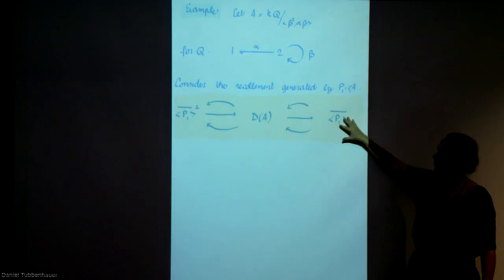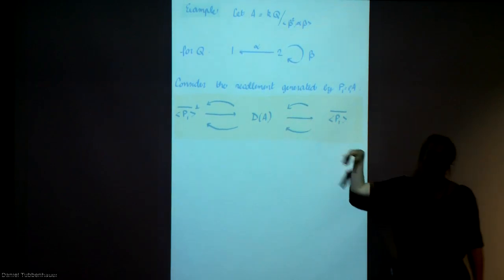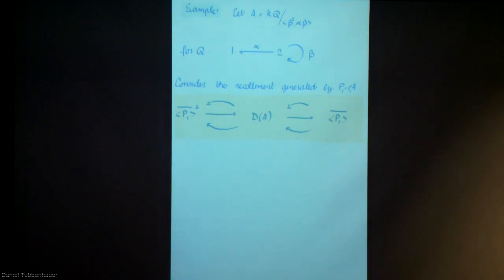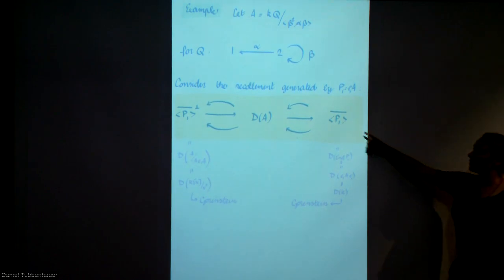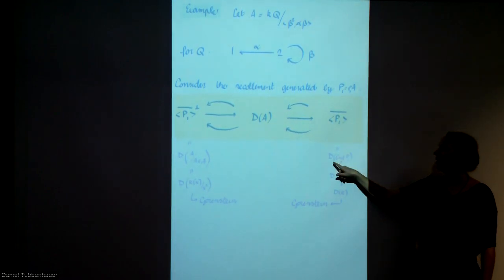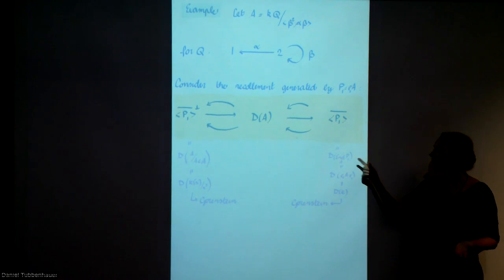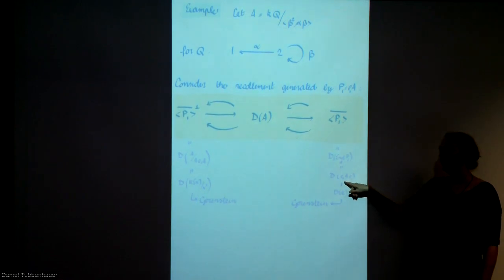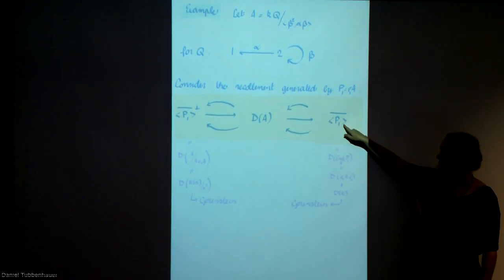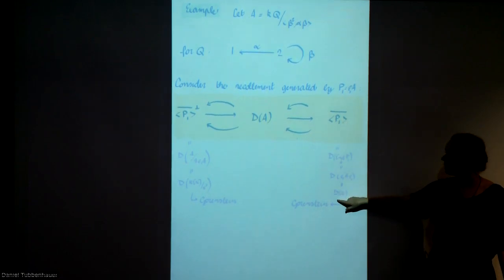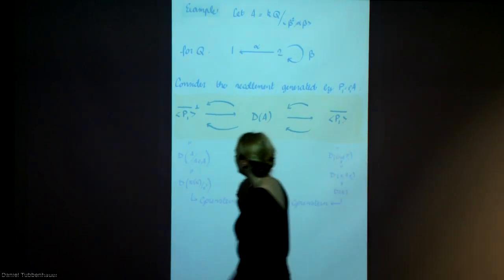It's compact, so I get this recollement. And I can write down a more explicit description of each of those pieces. So this one is generated by a projective. You can think of it as the derived category of the endomorphism ring of P1, and you can easily compute that. So it turns out that this is just k again. So definitely Gorenstein.